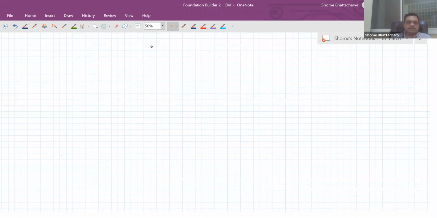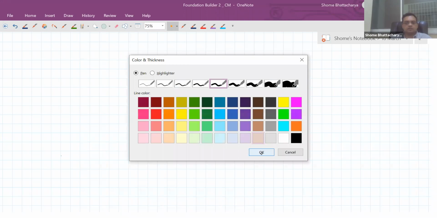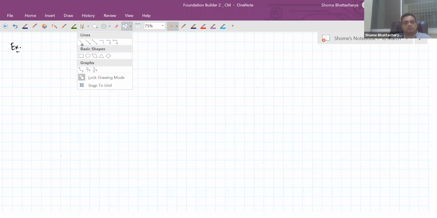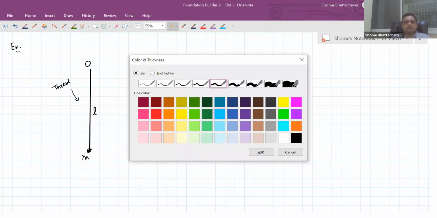Okay, so now let's look at an example problem to understand how we can numerically put all this together. We have a particle of mass m hanging from a thread suspended from the point O such that it can go into vertical circular motion.